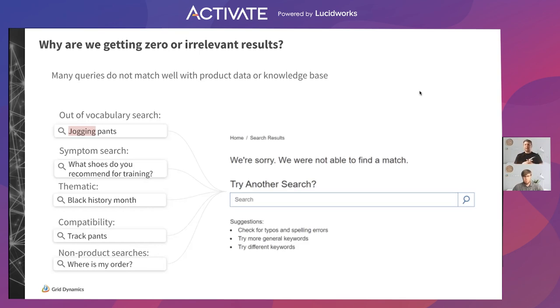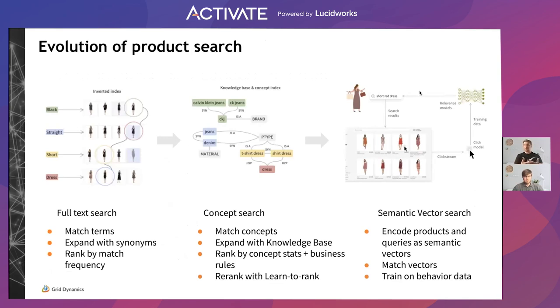So let's look at the next slide and the evolution of the product search, which we built over the last probably decade or more. It all started with a typical traditional approach of full text search, when we started to build systems based on traditional information retrieval techniques, and those techniques were developed for large articles, full text search kind of scenarios.